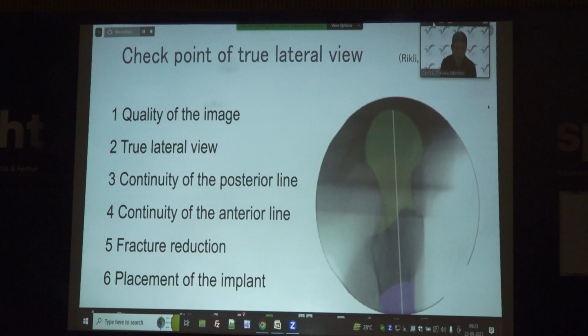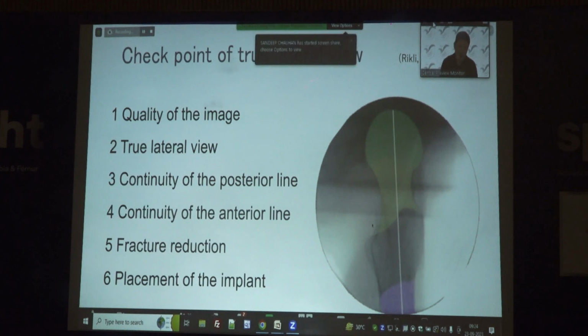So the quality of the image, the place where you want to see it should be centralized, and the true lateral view means a straight line from the tip of the femur head all the way down to the shaft, and continuity of the anterior cortical line, the anterior line and the posterior line, and then that means the fracture reduction. And also the placement of the implant should be in line with this center line.